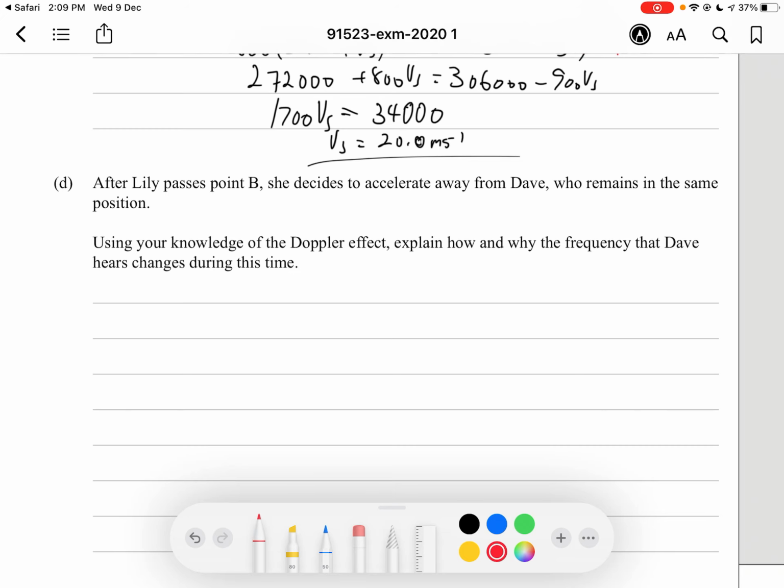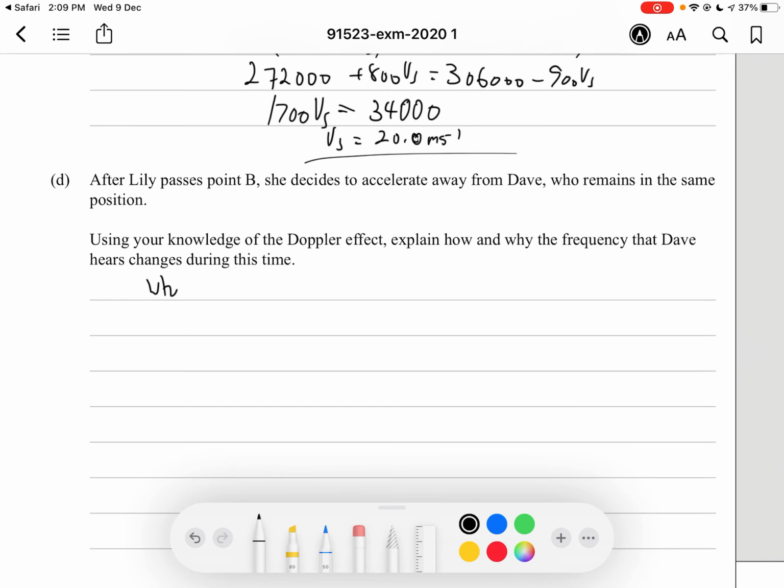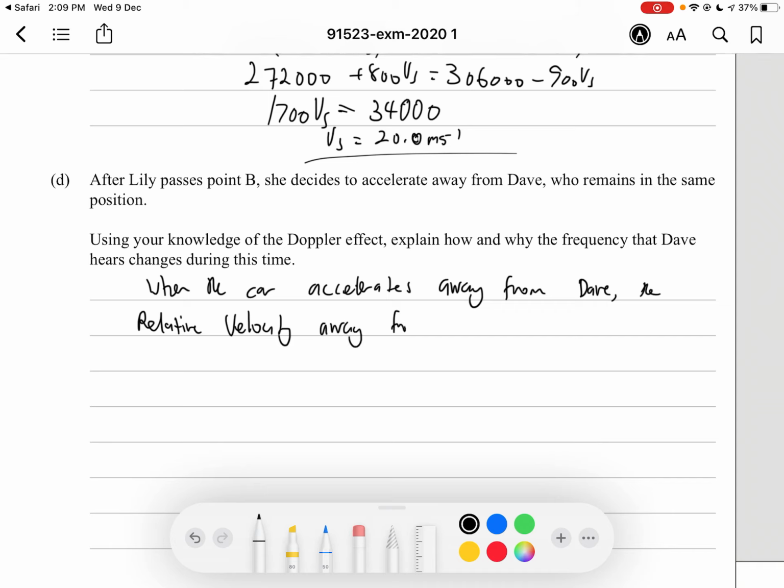So we can say that when the car accelerates away from Dave, the relative velocity away from Dave increases.